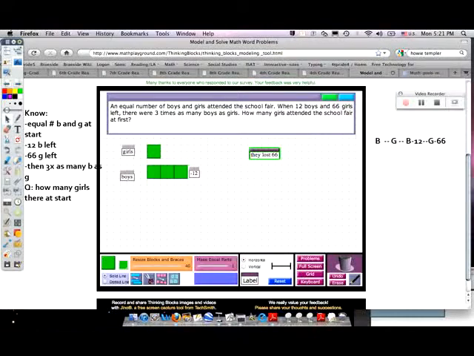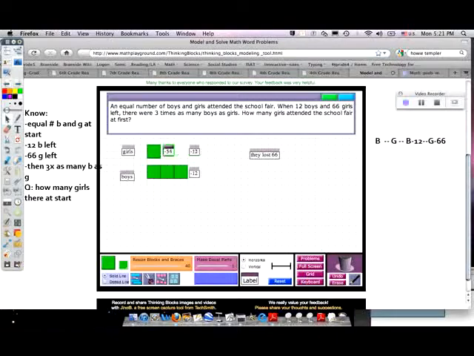Watch what I'm going to do here and see if you can figure out why I'm doing this. So the girls lost 12, the same as the boys. However, they lost 54 more. So not only did they lose the same amount as the boys, which was 12, they lost 54 more.